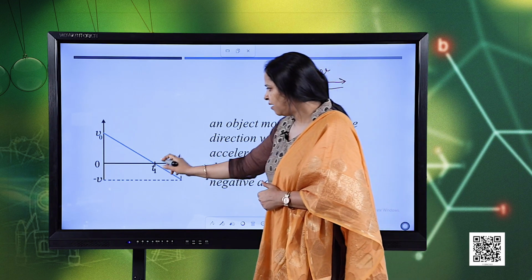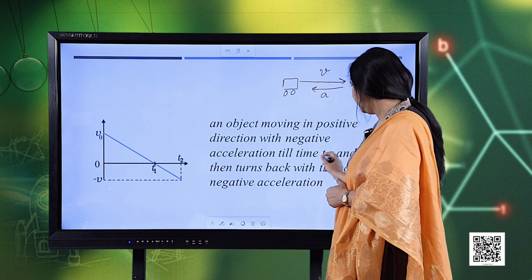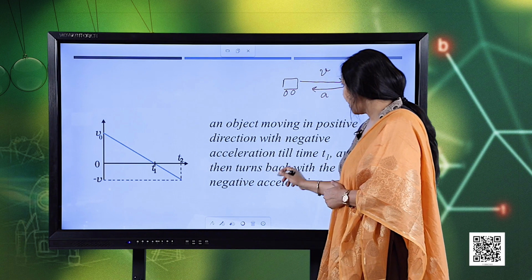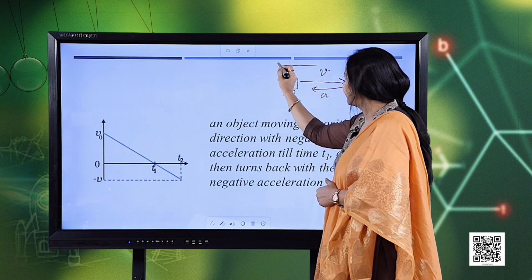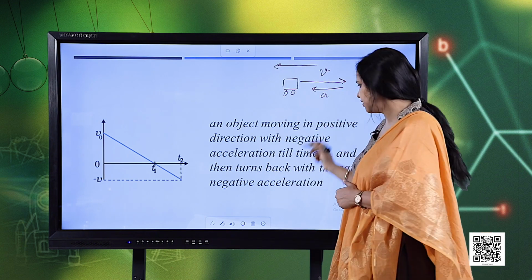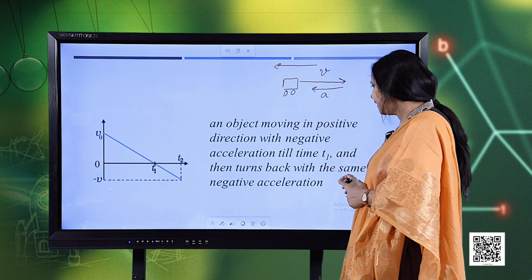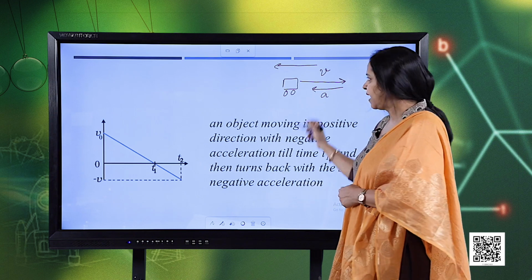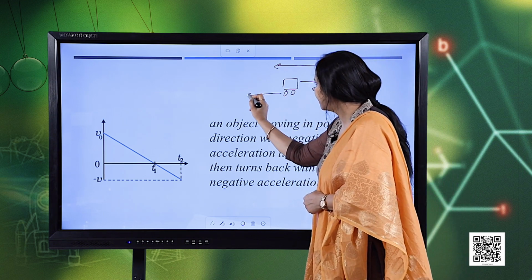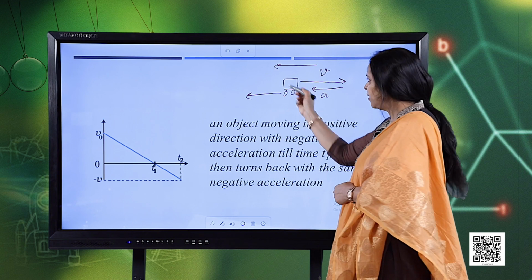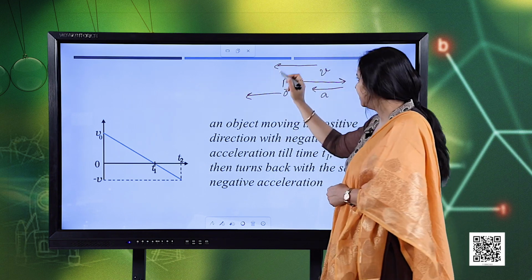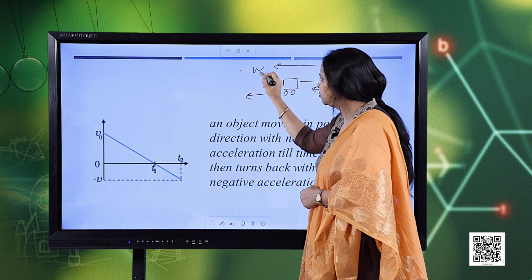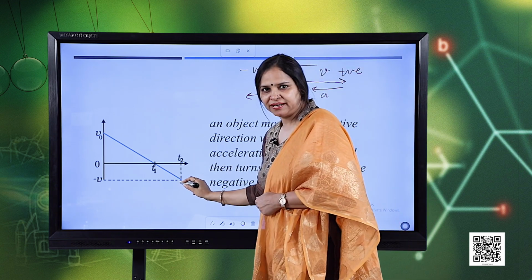In what way? After the zero velocity, the object or the vehicle turns back, means it turns its direction, and then continues moving with the same negative acceleration. So, the acceleration continued to be in the same direction. The velocity has changed its direction. Initially, it was in the positive direction, but now it has turned to the negative direction, as we have seen here.